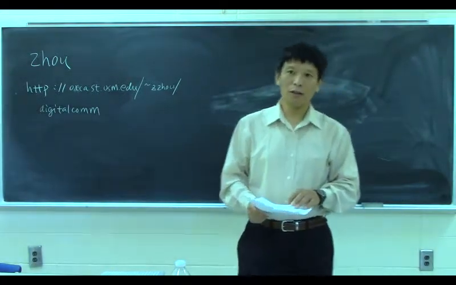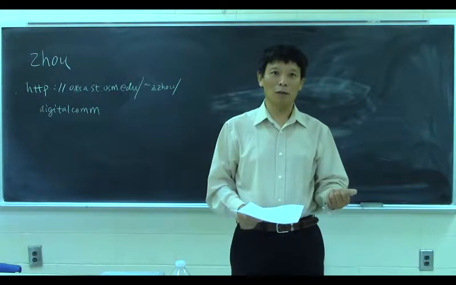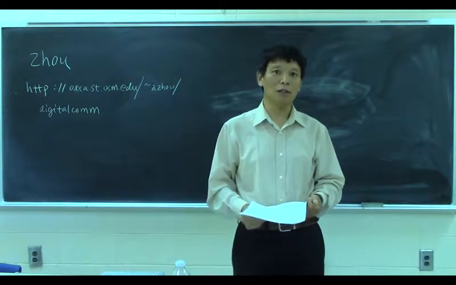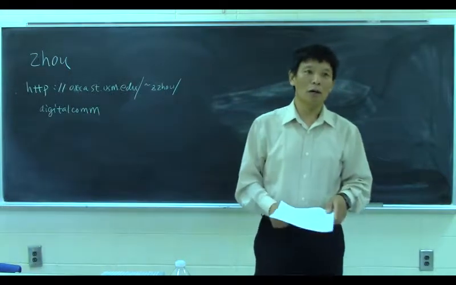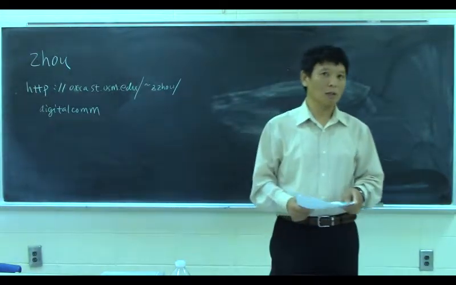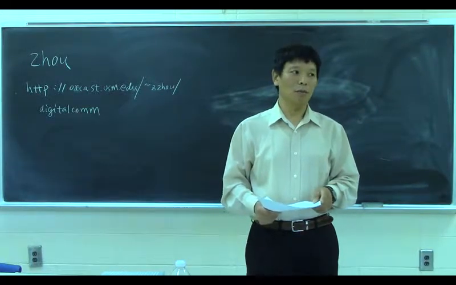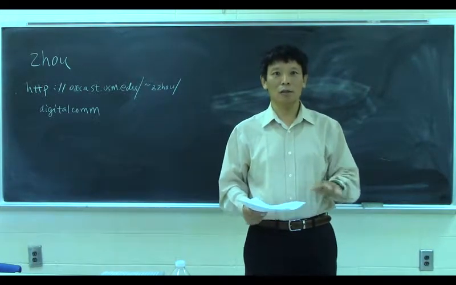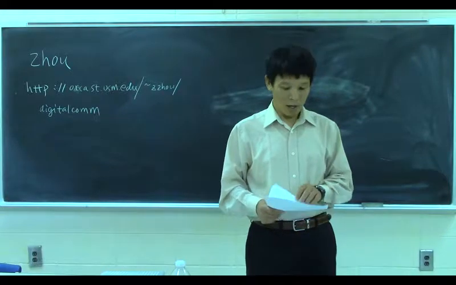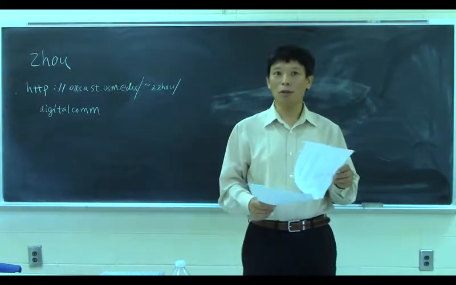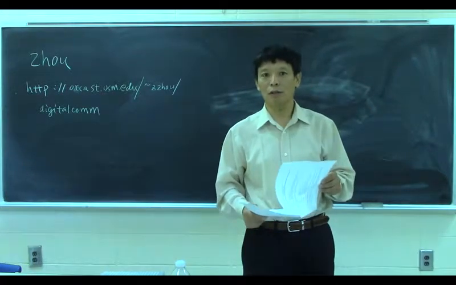The first chapter is the fundamentals. We discuss trigonometry, mathematics, and signals and systems. This is the same for both classes. The second chapter is the modulation and demodulation process, also the same for these two. The next one is sampling theorem and pulse modulation. That is for this class.